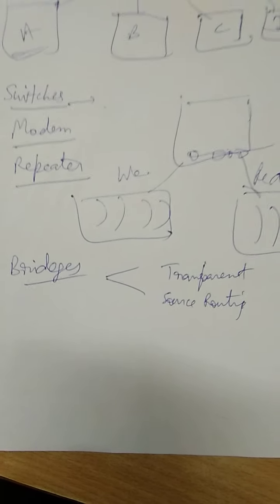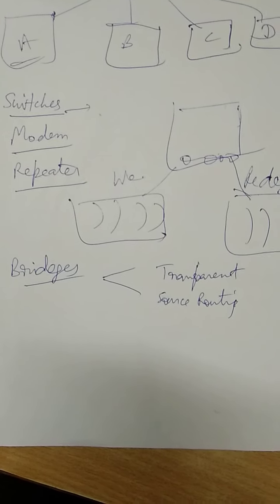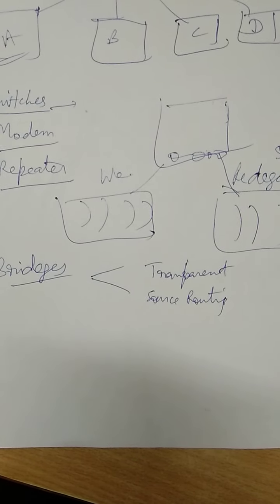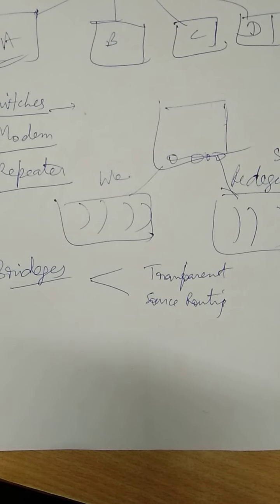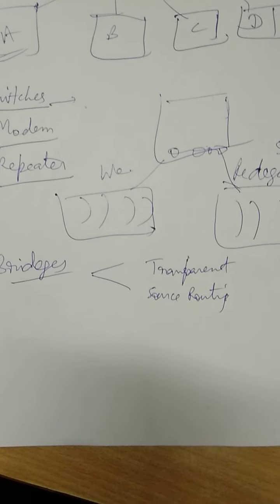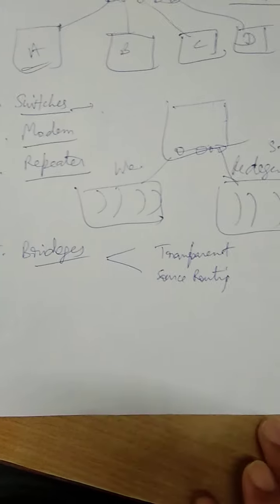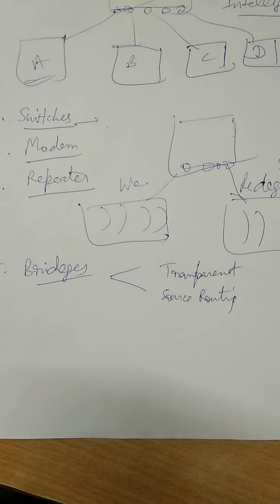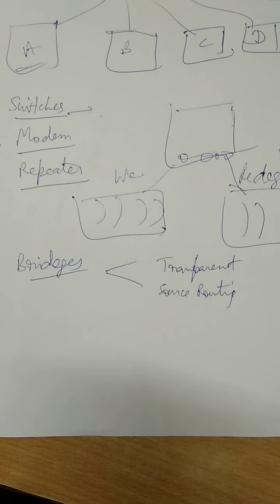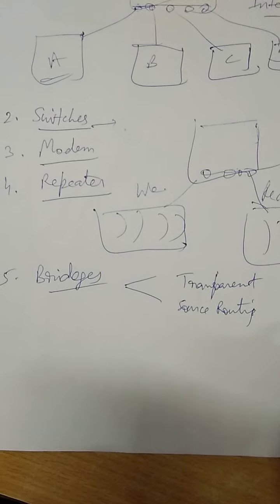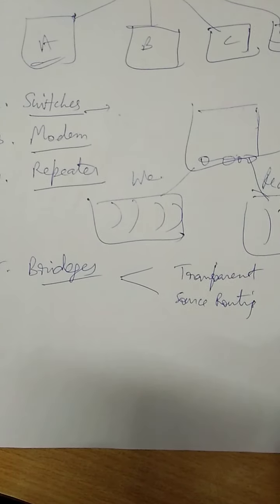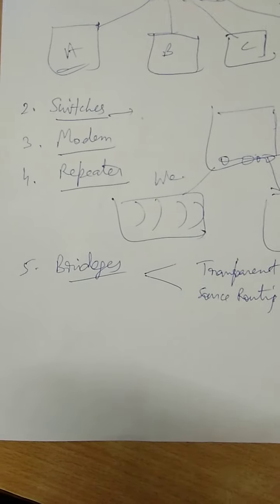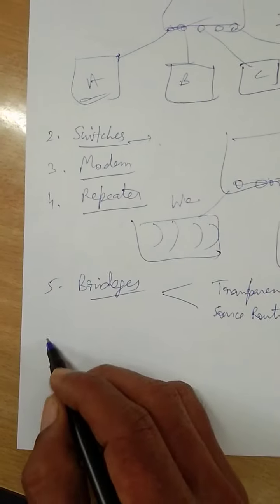This is known as a remote bridge, and it minimizes modem traffic by filtering signals that would not need to cross the modem line. The main disadvantage of bridges is that they can't join dissimilar types of LANs. These are all about bridges.